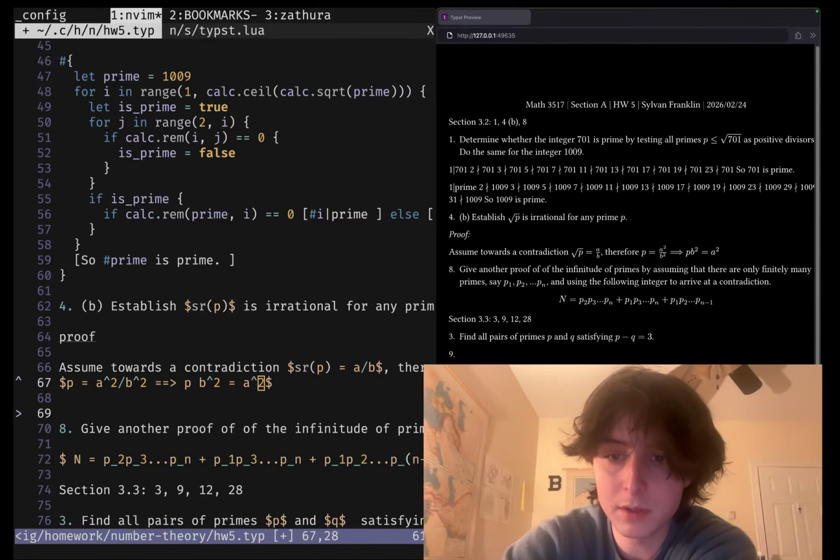Yep, so p divides... Oh, p must divide a squared. P divides a, or p divides a. So a equals pk. So p squared b squared equals p k squared. Rinse and repeat, you get a equals pk, b equals pl.